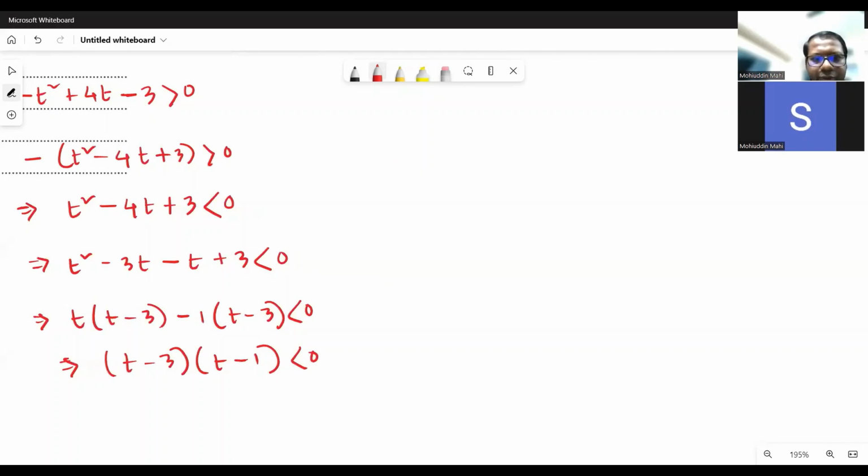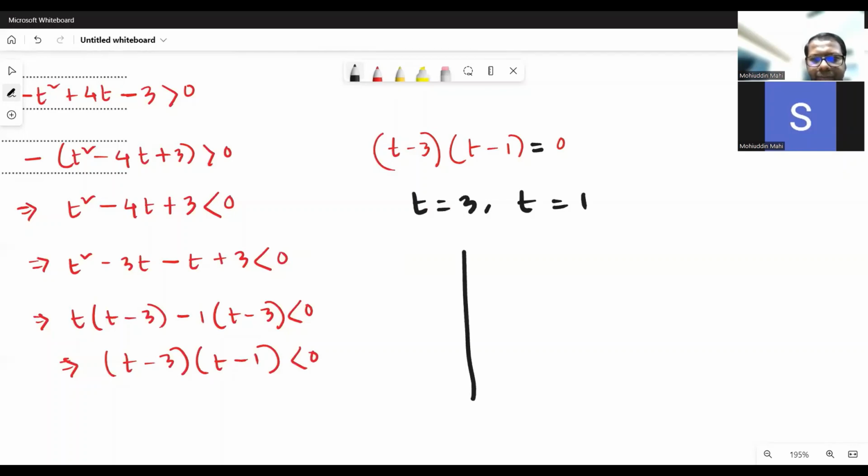At first we have to find the critical values. Critical values are 1 and 3. And as the coefficient of t square is positive, the graph will look like this.